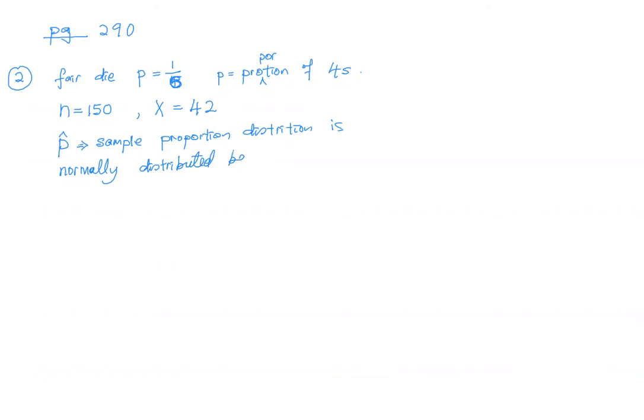Because N is 150, which is greater than 30. All right? If it's not greater than 30, then you have to check with the other one. Okay? Still remember the other one? Okay, so good. So now, find the sample proportion.